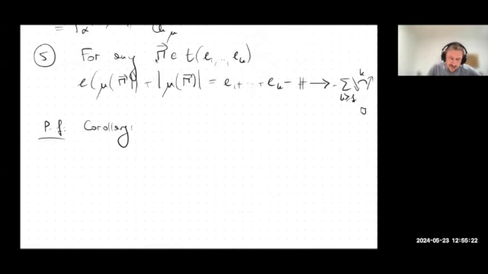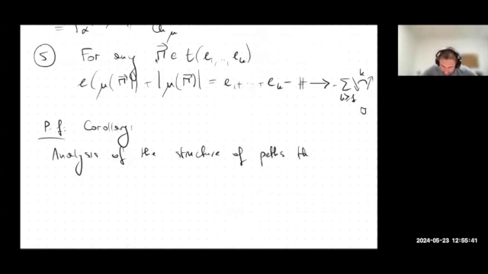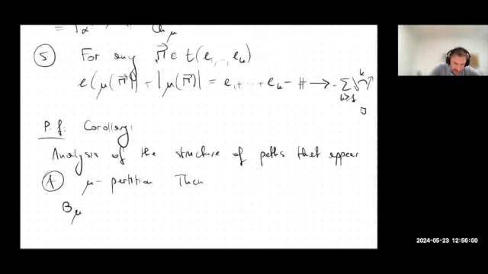But okay, the most important thing is that if you perform the analysis of the structure of paths that appear, then you can conclude that whenever mu is a partition, then our formula looks like that.